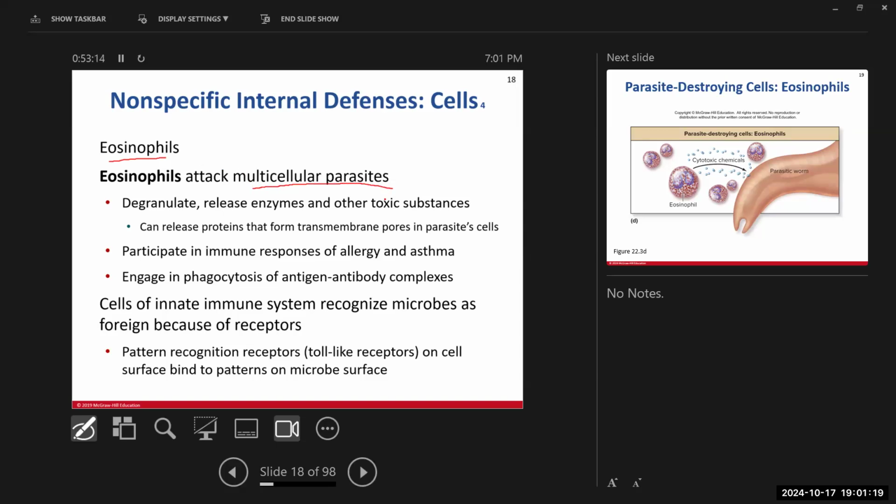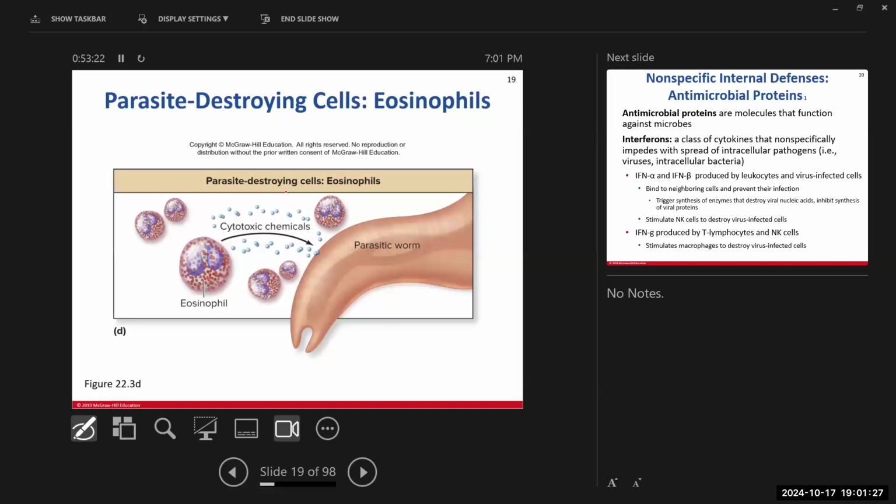Same type of scenario here. So the eosinophils, remember, they're a granulocyte. So those little granules inside, when we look at these cells, I'll show you a picture here. See all those little red balls or dots? Those are the granules. And those are going to contain these cytotoxic chemicals.